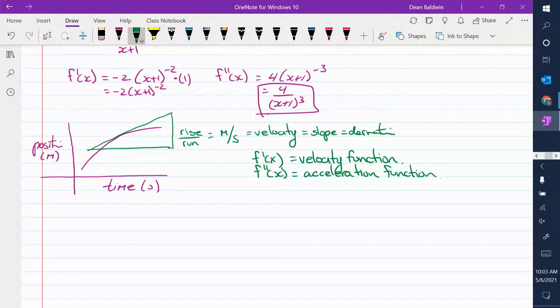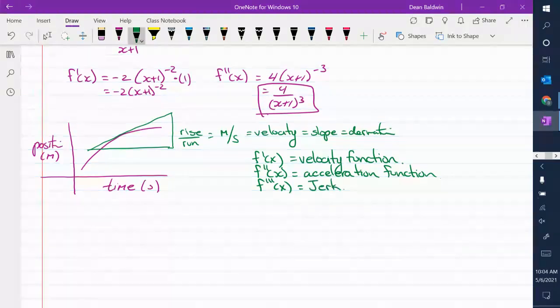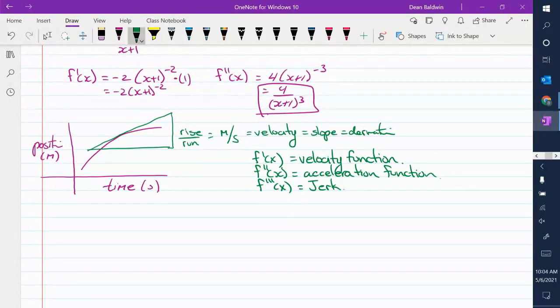You can keep going with derivatives. Those are the two used most often, but if you go on in physics and become an engineer, the third derivative is called, does anybody know? The jerk. And that is how fast the acceleration is changing.